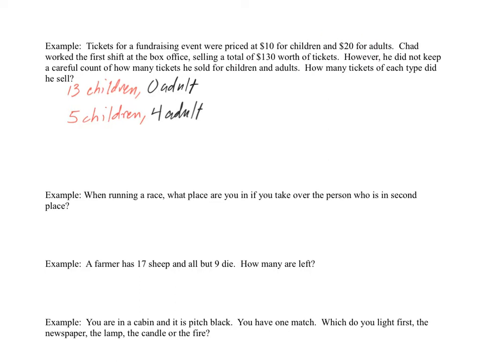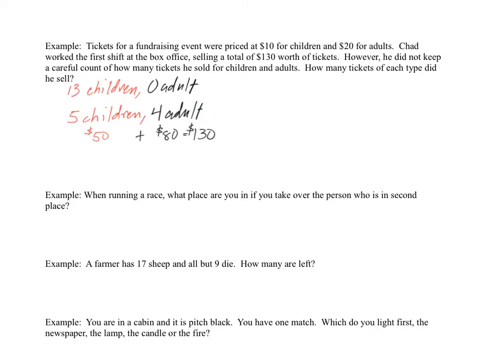Well, 5 children would cost $50, and 4 adults would be 4 times 20, which is $80. Yeah, 50 plus 80 is $130. That works.